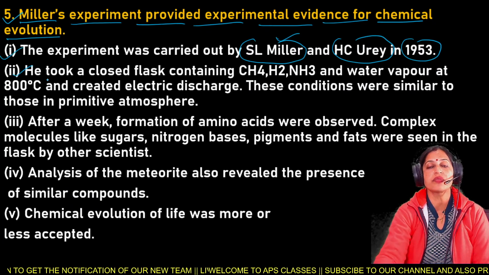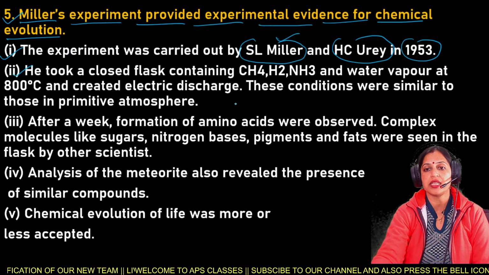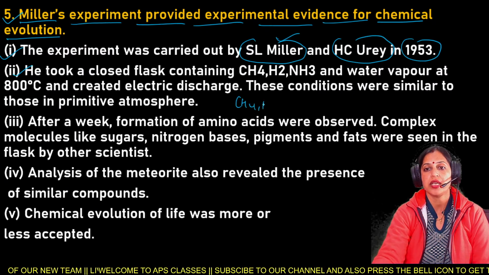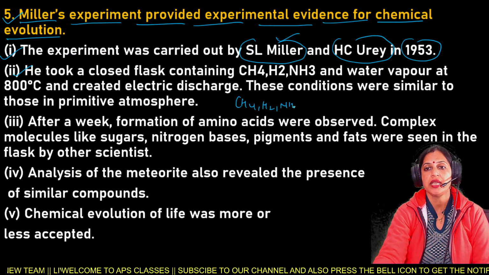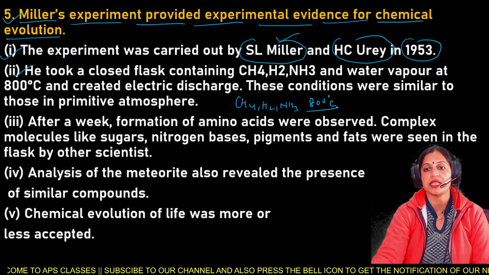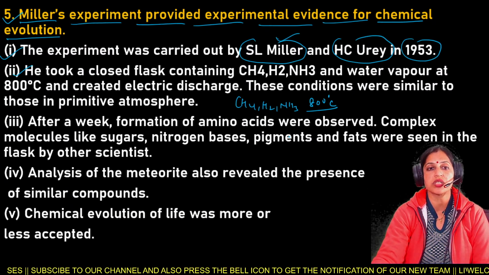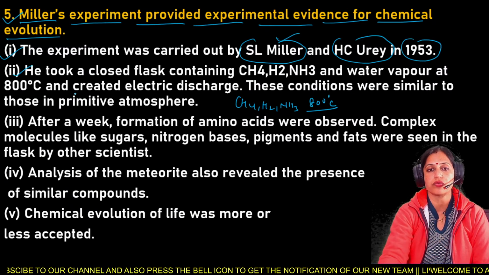He took a closed flask that contained CH4, H2, NH3 and water vapor at about 800 degrees Celsius and created an electric discharge. These conditions were similar to those in the primitive atmosphere.